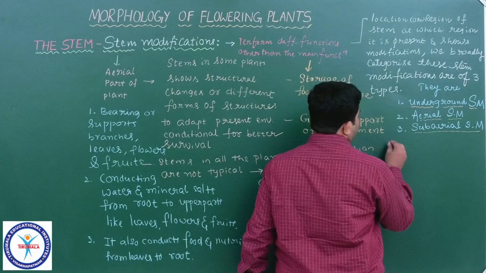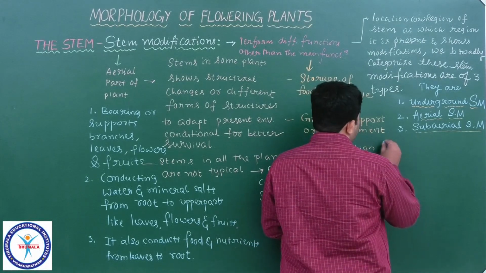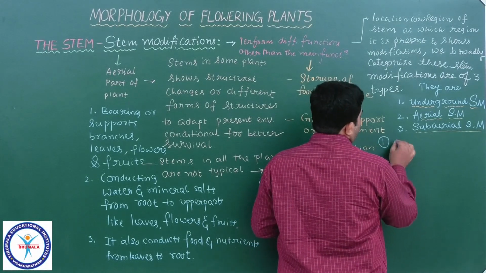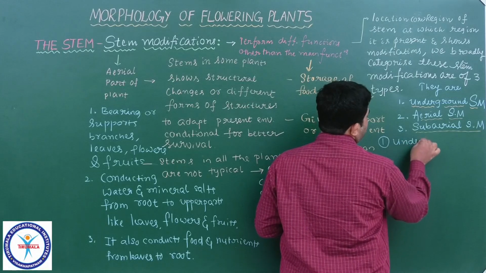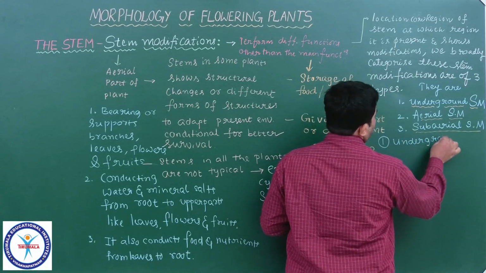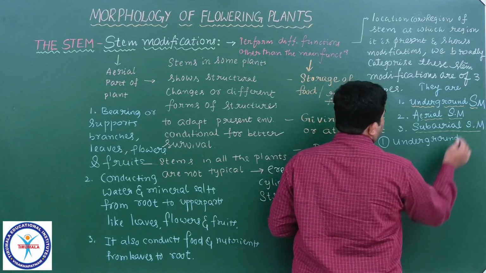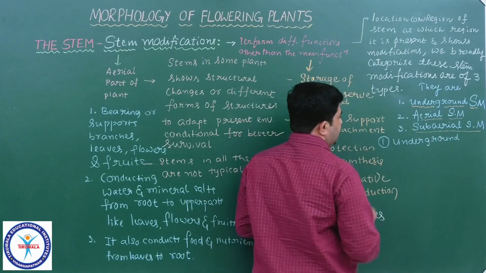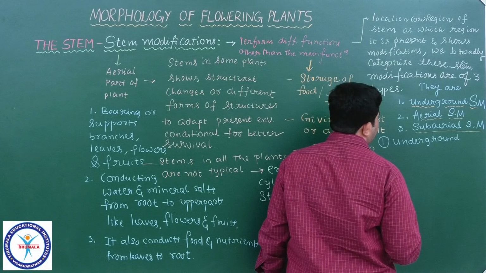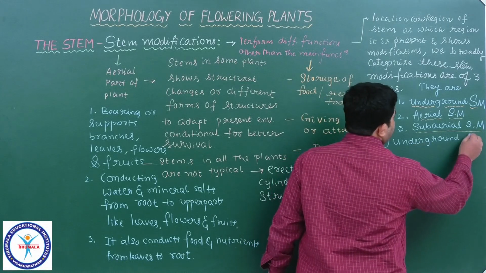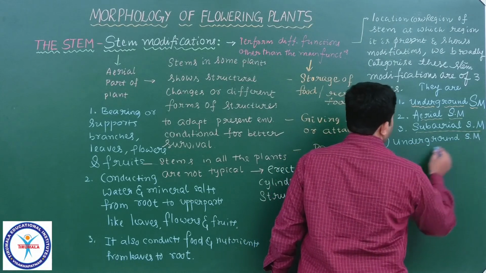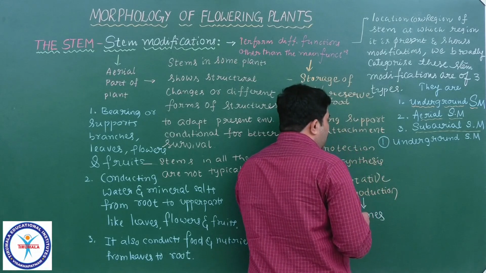So in that, the first one is what, students? The first one is underground. Students, please understand each and every line we are discussing in this content. So, underground stem modifications.